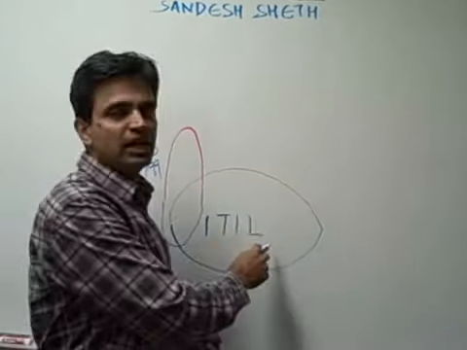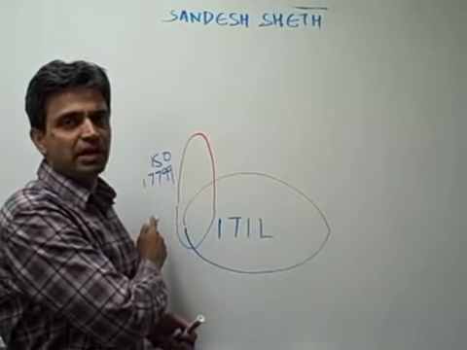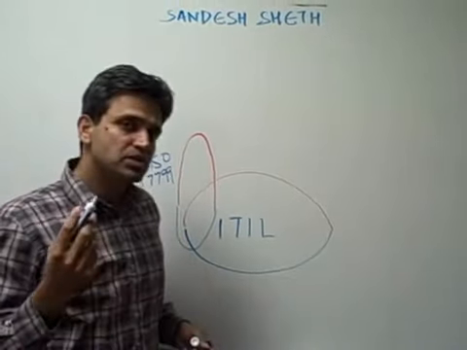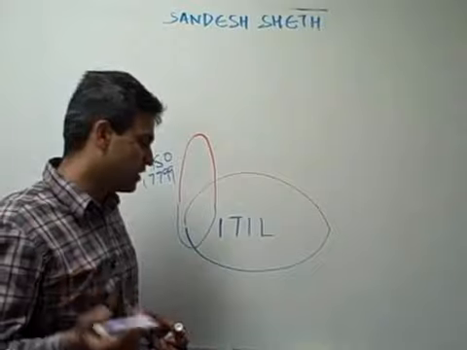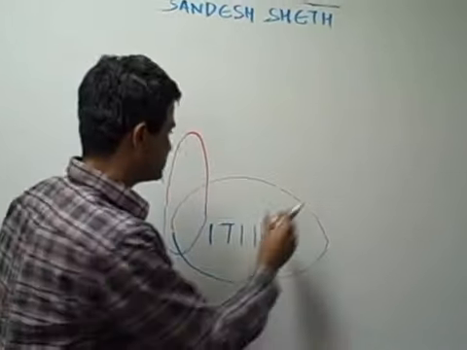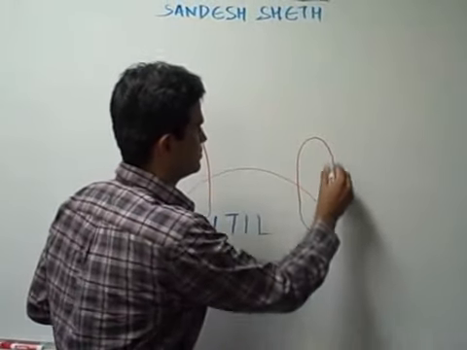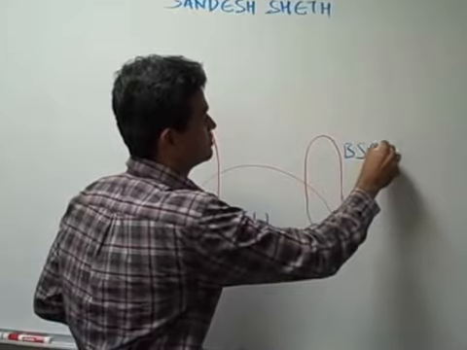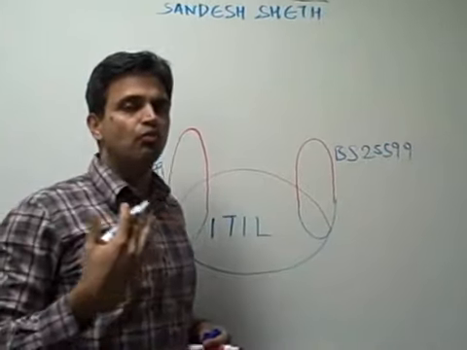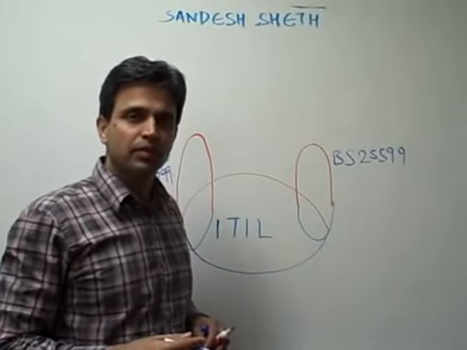So we have the ITIL framework for IT service management, the ISO 17799 framework for information security management. For business continuity, we have the British standard BS 25599. This too is more on the what to be done and less on the how it is to be done.